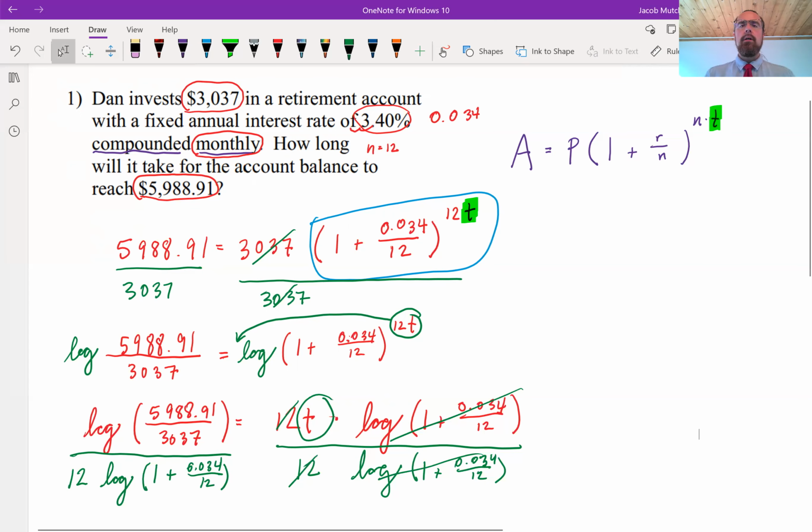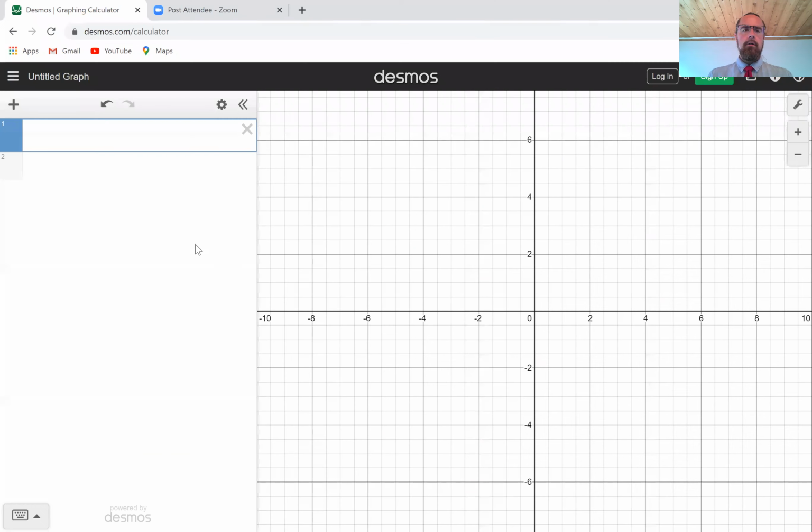So let's head to our calculator to find that time. How many years will it take? So I have a fraction. I've got log base 10, and then I've got a fraction within the numerator. So it's 5988.91.